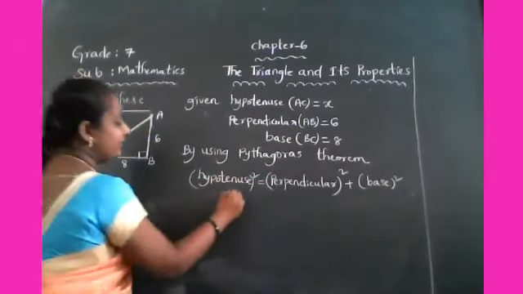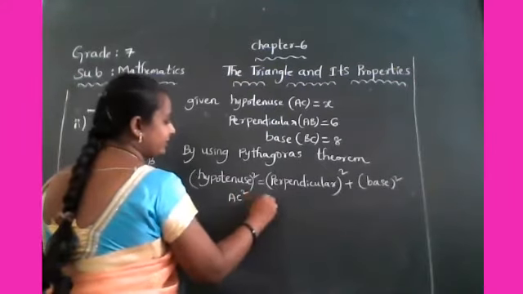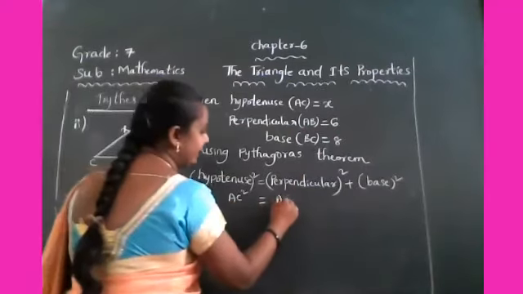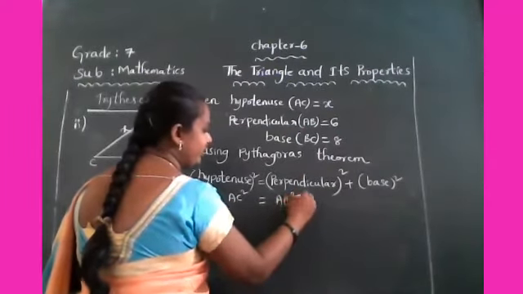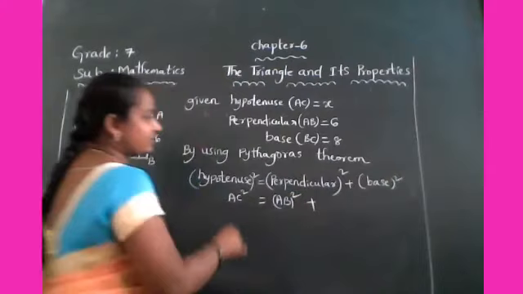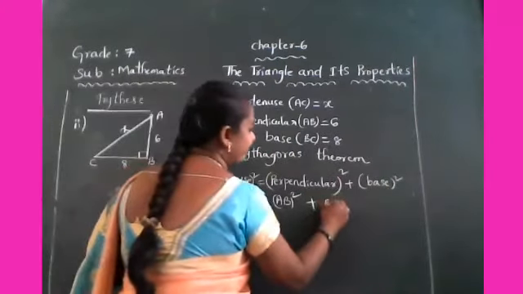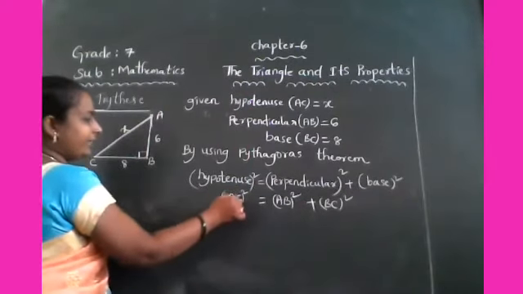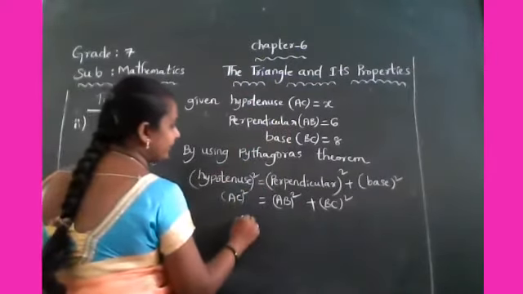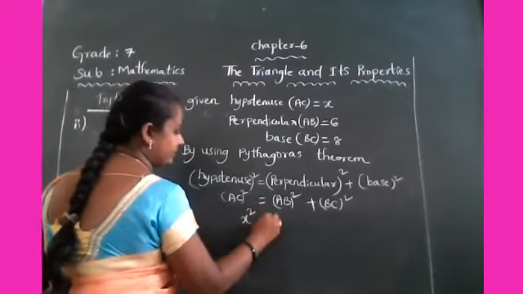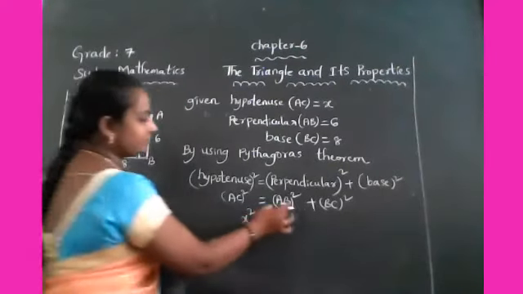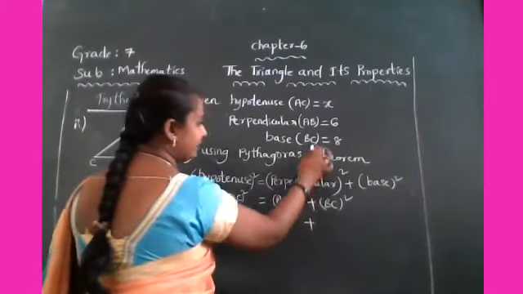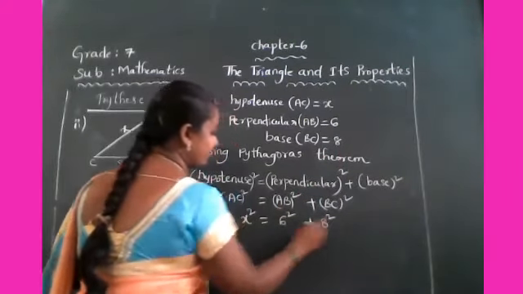Hypotenuse is AC square is equal to perpendicular AB square plus base BC square. Okay. Hypotenuse is x. So you can write x square, AB 6 square, BC 8 square.